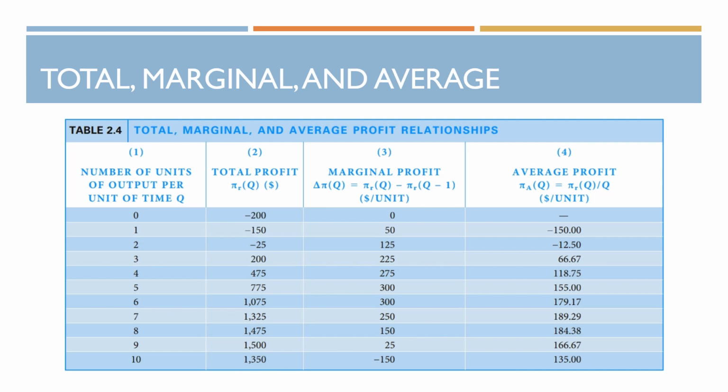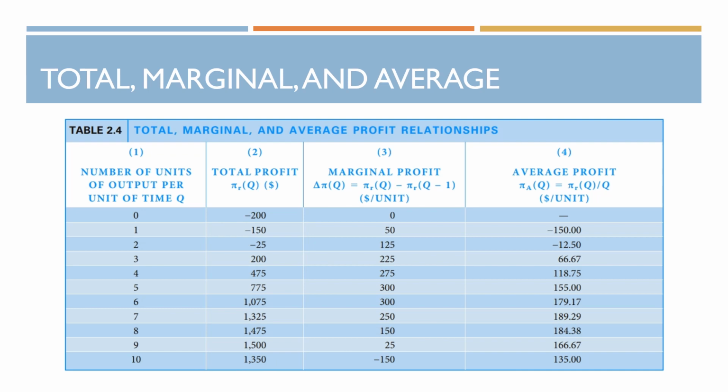So we want to look at the marginal profit. If the firm continues to produce more, how much additional return can they get? In this case, the firm can continue to produce this good until unit number 9, where the firm earns $25 additional from producing that unit in the market.